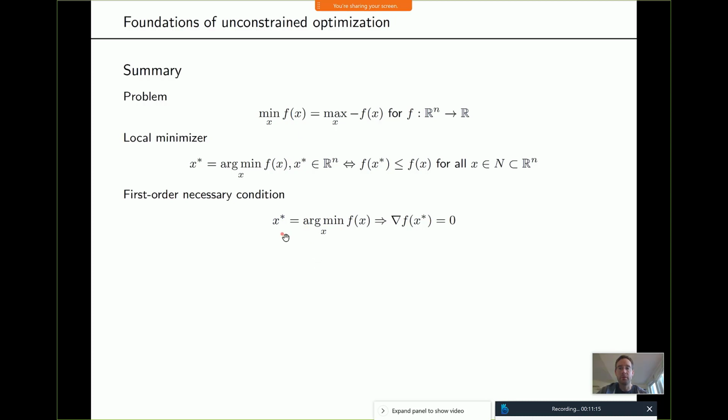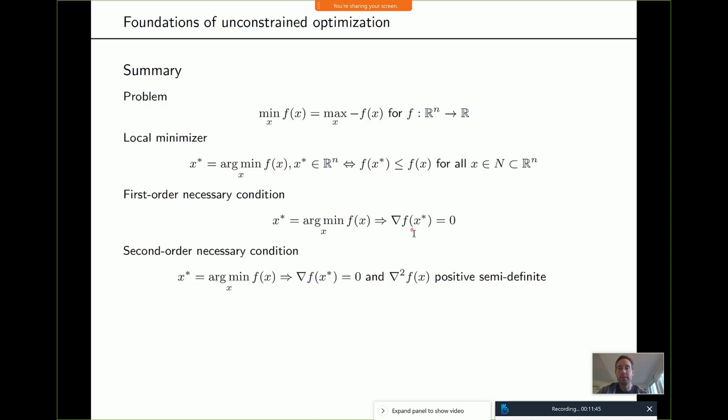But the first order necessary condition is: if x star is a minimizer of f, then at the location of x star the gradient of f is 0. Of course, the 0 refers to a vector, so all components of the gradient vector are 0. This is what is meant here.